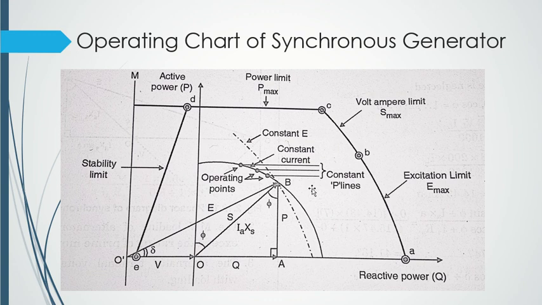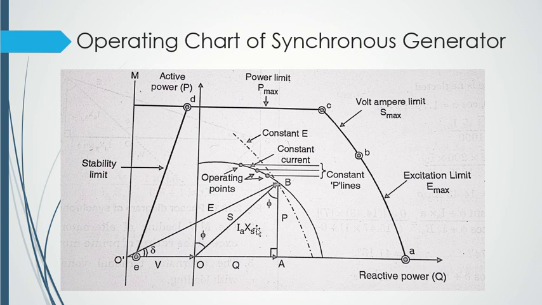What will be the center of this circle, right? It will be O dash. See here, O dash, and we are having B, right? This is my EMF phasor. So what will be the circle? O dash B. Okay, then we have these different regions.